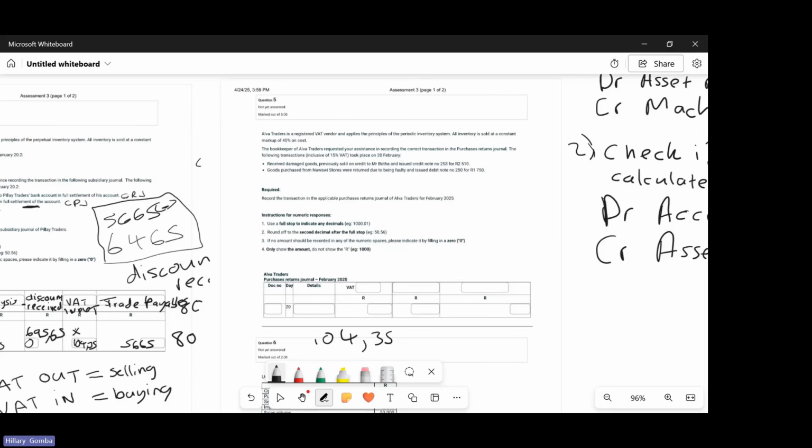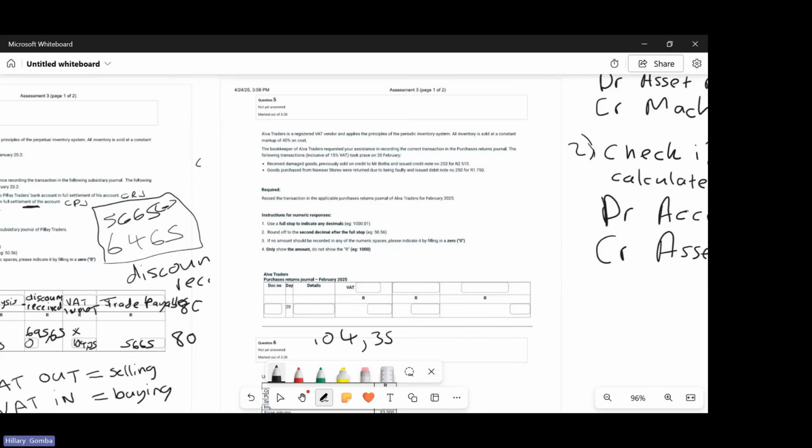We received damaged goods previously sold on credit to Mr. Botha and issued credit note number 253 for 2,510. And goods purchased from Nawawi stores were returned due to being faulty and issued debit note number 250 for 1,750. Record the transaction in the applicable purchases returns journal of Alva Traders for February 2025.